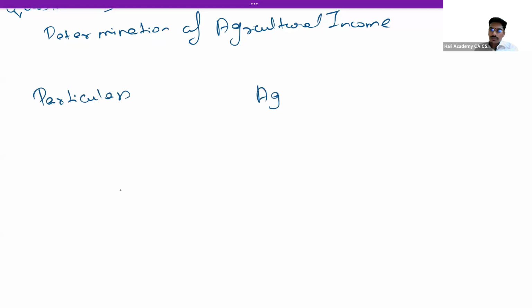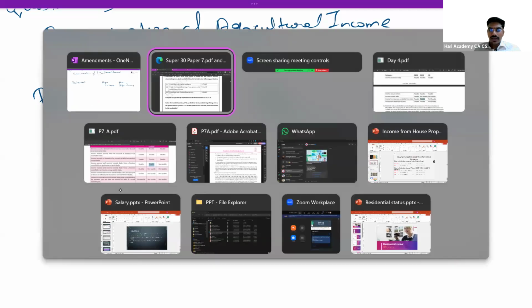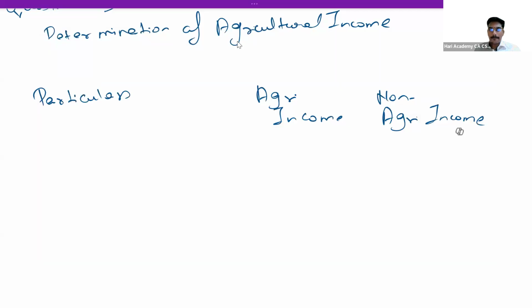Agri income and non-agri income. So first one is sale of green tea leaves. If you see, there is not much processing being done to it, and the tea, which is the direct produce, is sold as such. There is no processing being done to green tea.